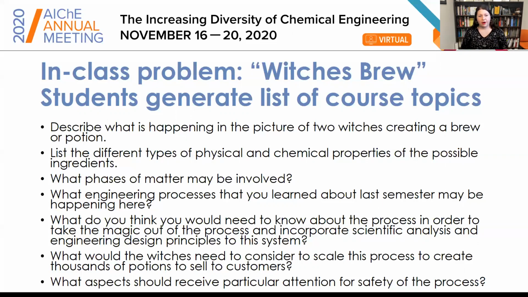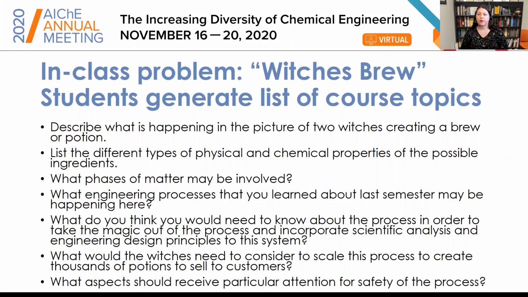I have them describe what's happening in this photo of the two witches. I ask them to list the different types of physical and chemical properties of the ingredients that they see there. I ask them about the phases of matter, touching back to their general chemistry background. I ask them what engineering processes they learned about last semester that may be happening here.